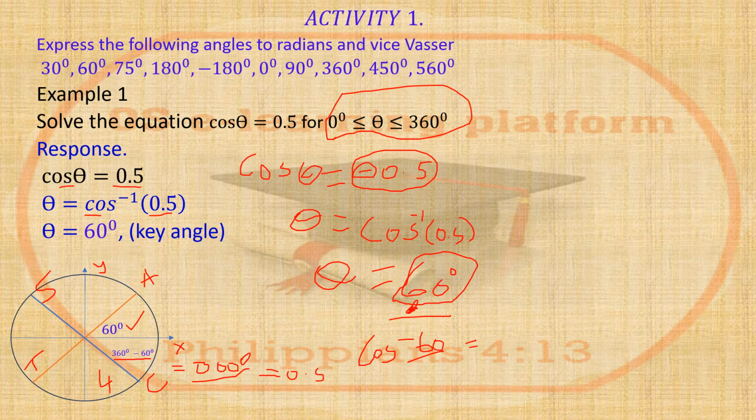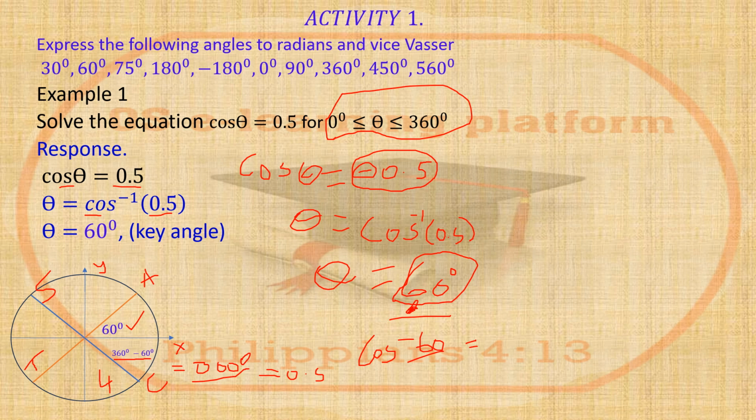Are we together? For a cos, if the given range has negative angles, then the key angle will be considered, both the positive key angle and the negative key angle, because cos takes consideration of a negative and also a positive. And why are we taking a negative? It is because the range counts for negative angles.